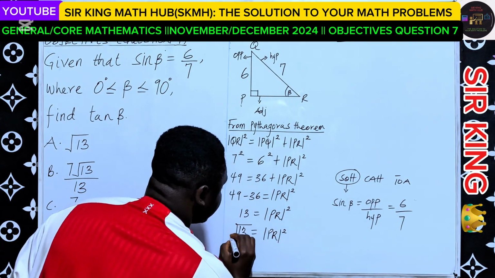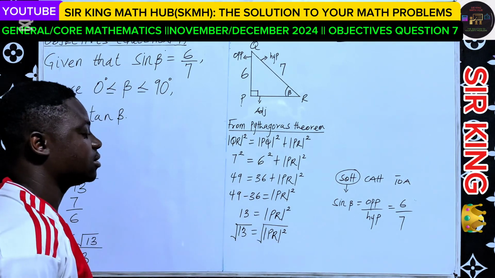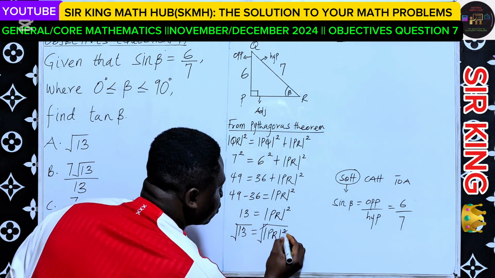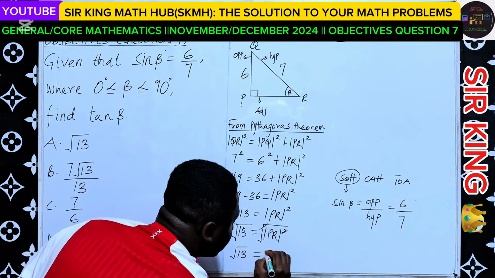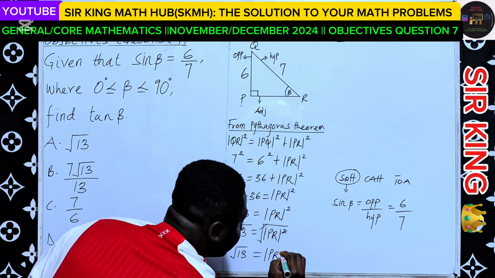The square root and the square cancel out, leaving root 13 equal to the length of PR.